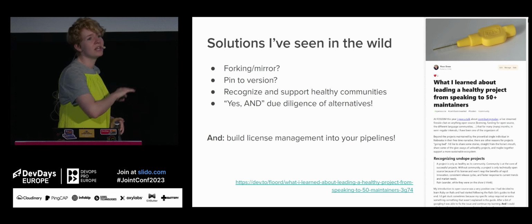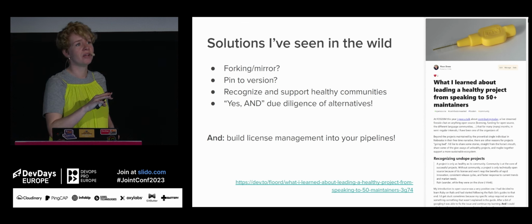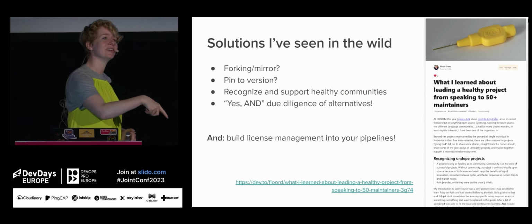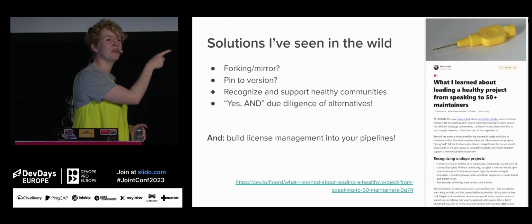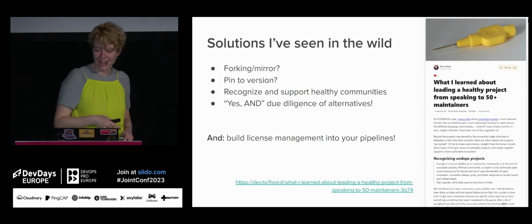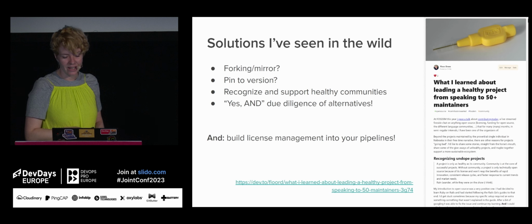That's an entire talk in and of itself, and I actually did that talk at FOSDEM this year. There's a blog post, so if you want to find out more, take a picture and you can read that one.